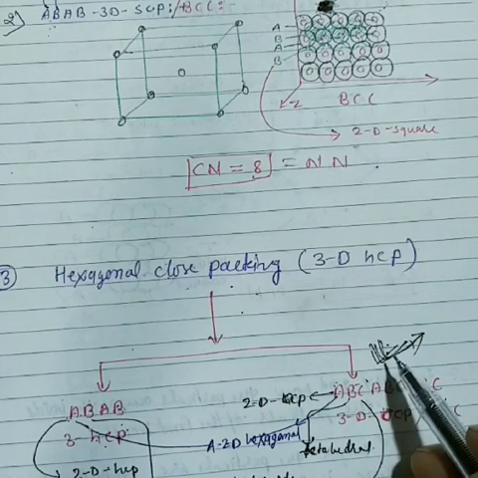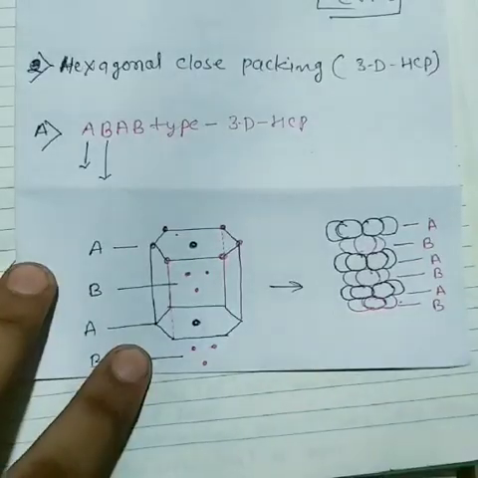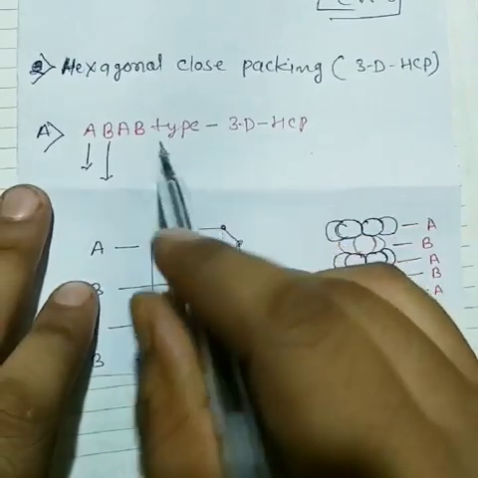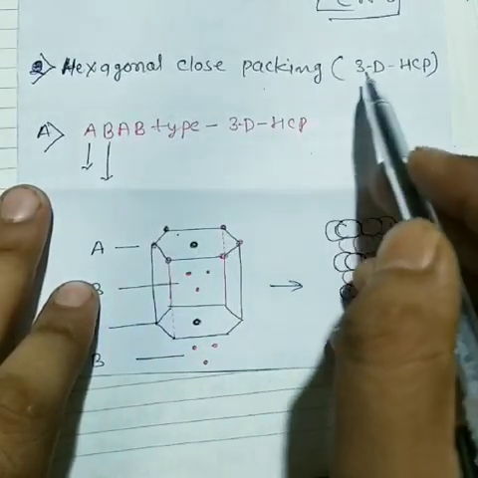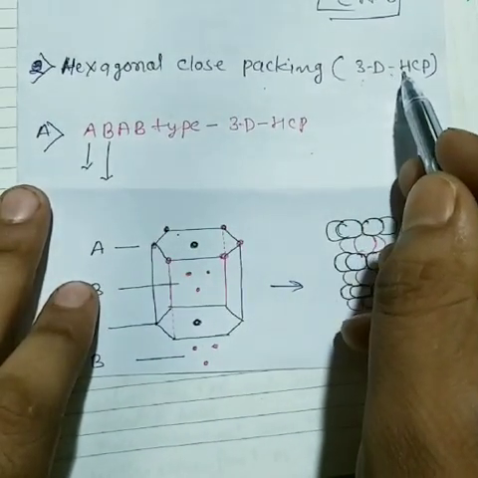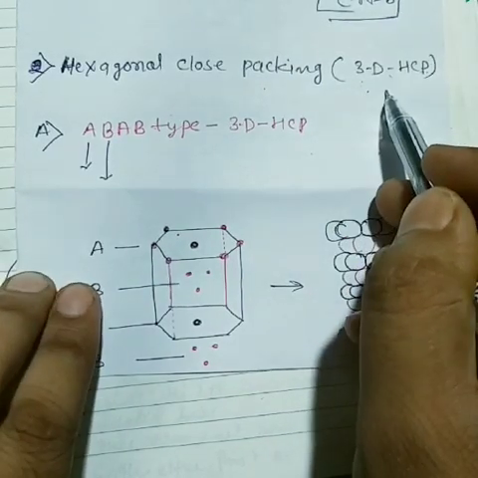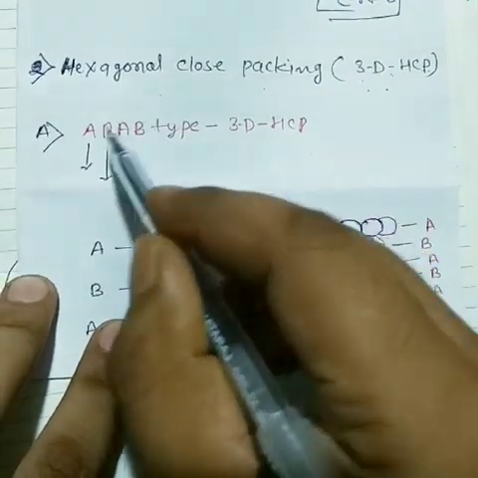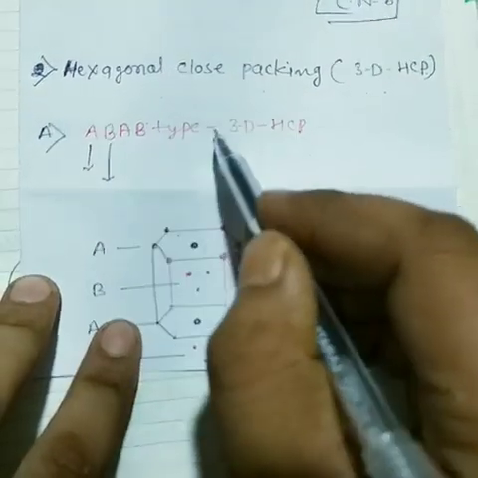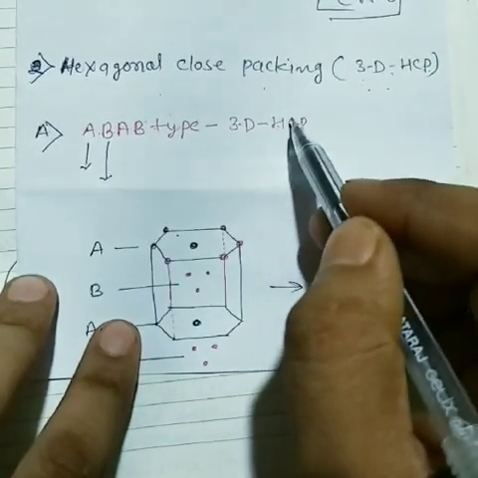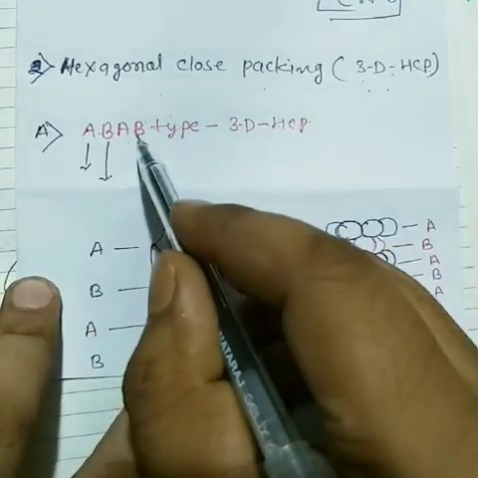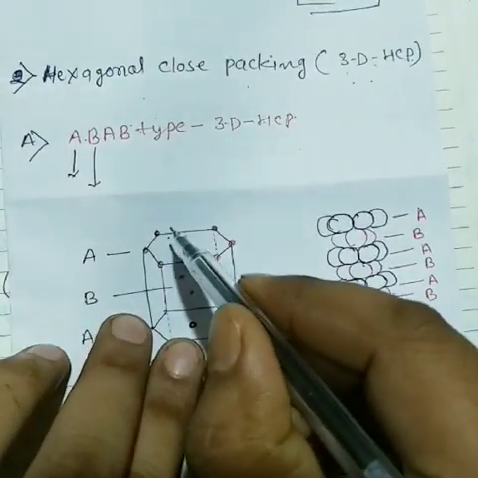So see, here it is very important: hexagonal close packing in 3D. Now the first type is AB type 3D hexagonal close packing. Hexagonal means it has one hexagon.